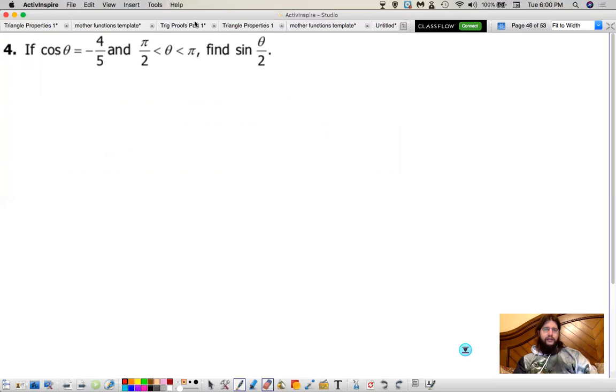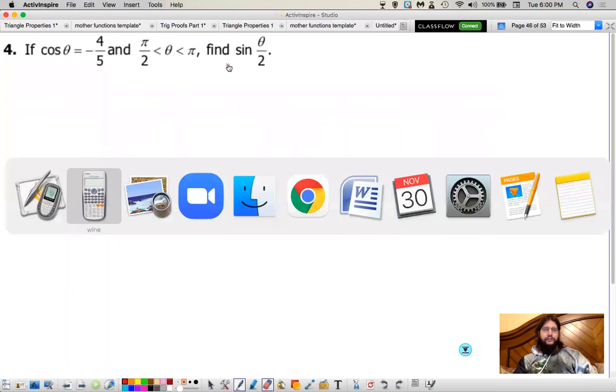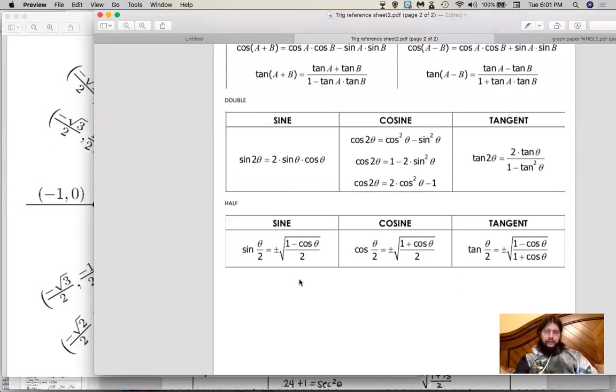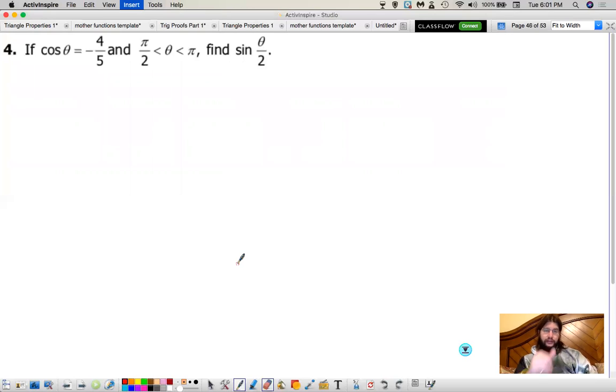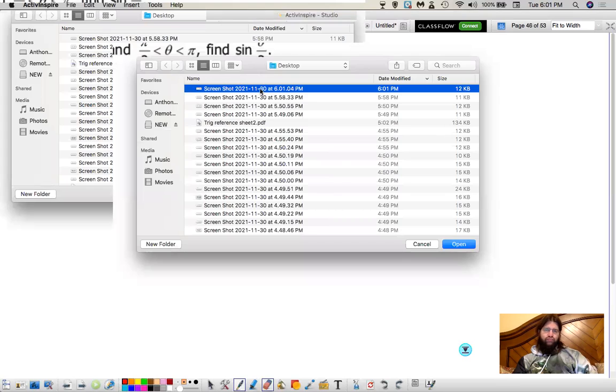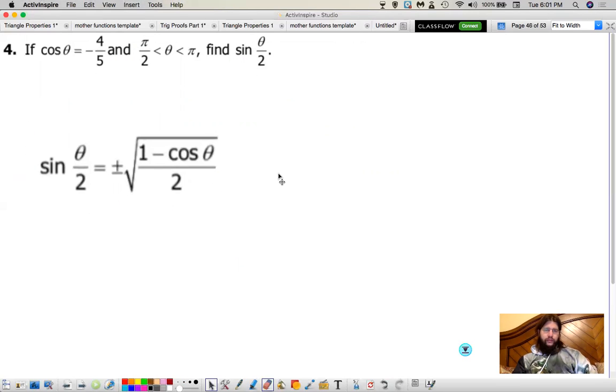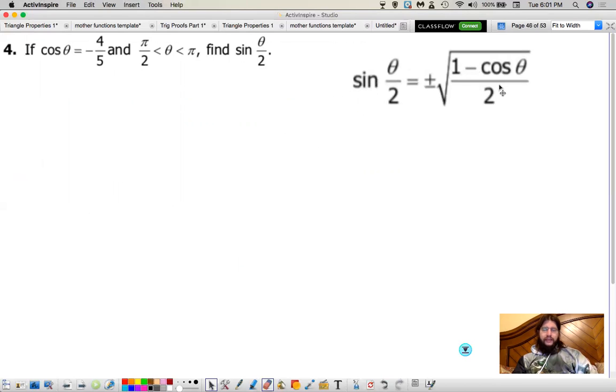Cosine's negative 4/5. We need sine of theta over 2. Let's see what our formula is. So for all of these, the only trig function we need is cosine. This one gives us cosine, so we don't have to find anything extra. Let's first figure out, are we going to do a plus or are we going to do a minus?